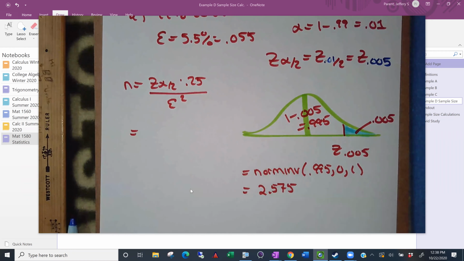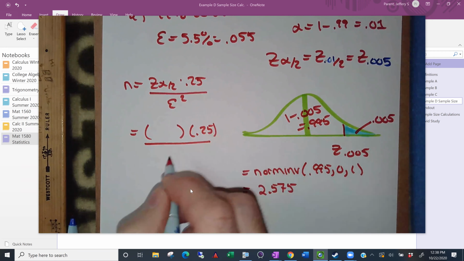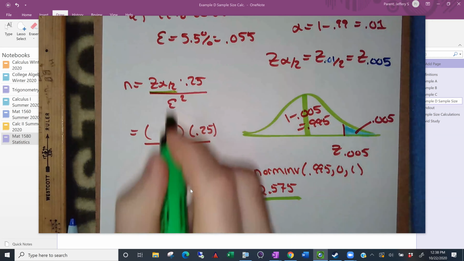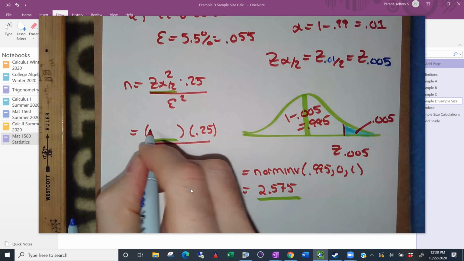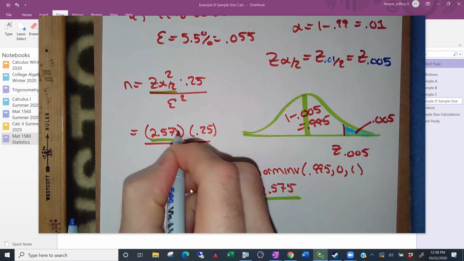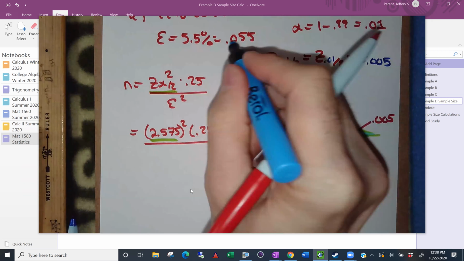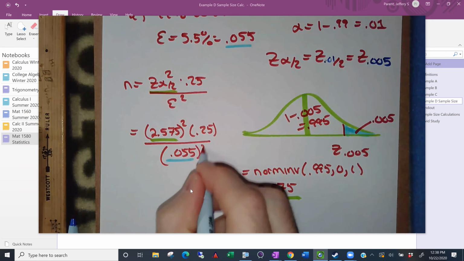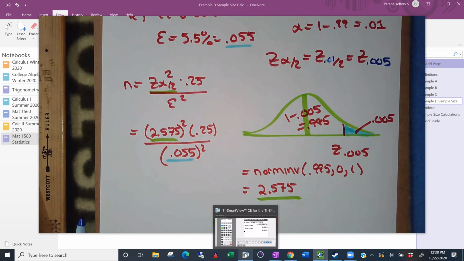So let's start filling things in. Z sub alpha over 2 is going to be 2.575, and that should be squared, divided by E squared, and E was 5.5%, so 0.055 squared. Let me do that on the calculator.